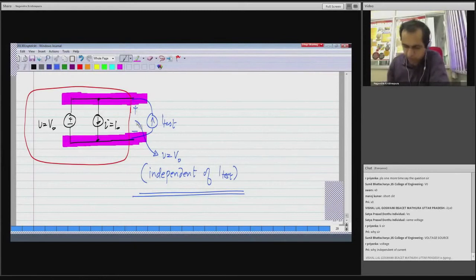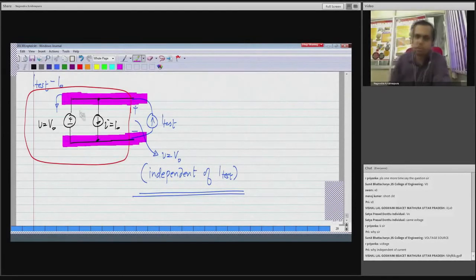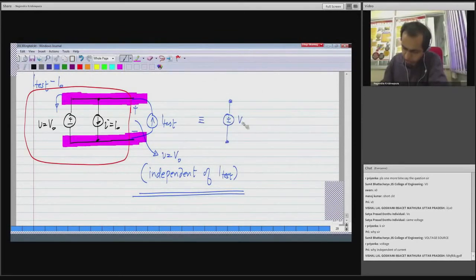By Kirchhoff's law, the current flowing through the voltage source is I test minus I0, but that is not relevant. However much current is flowing through it, it will always maintain V0. So this entire thing is equivalent to a voltage source of value V0.